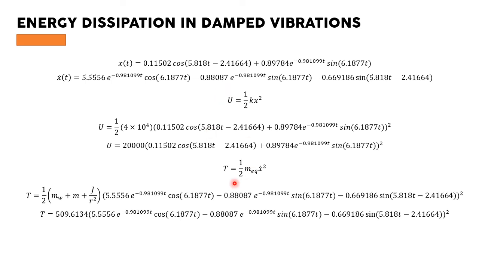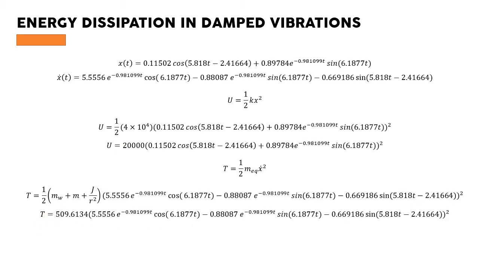We did the same for the kinetic energy of the system, in which the mass we have used is the equivalent or effective mass, which we found in the previous slides. And x dot is the velocity, the derivative we found over here, and we have substituted this. So we found an expression of kinetic energy also in terms of time t, and so we have expressions for both the potential energy and the kinetic energy.